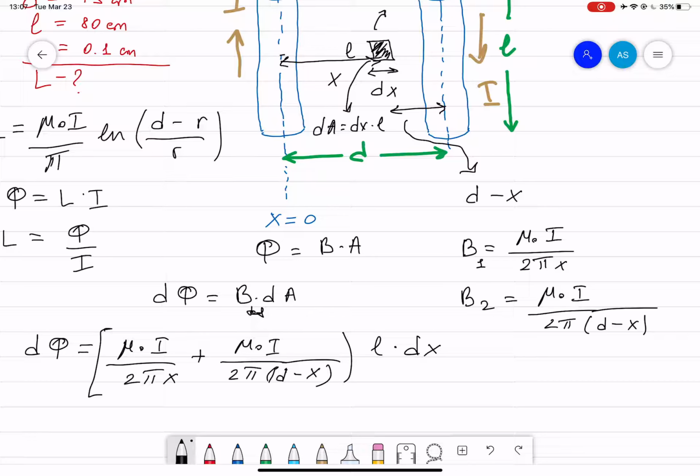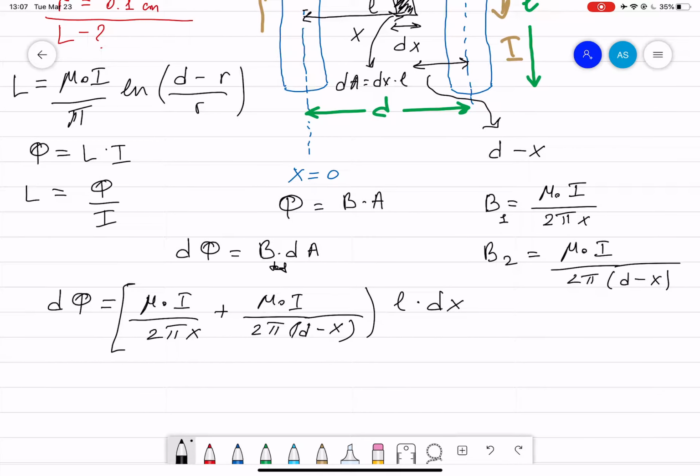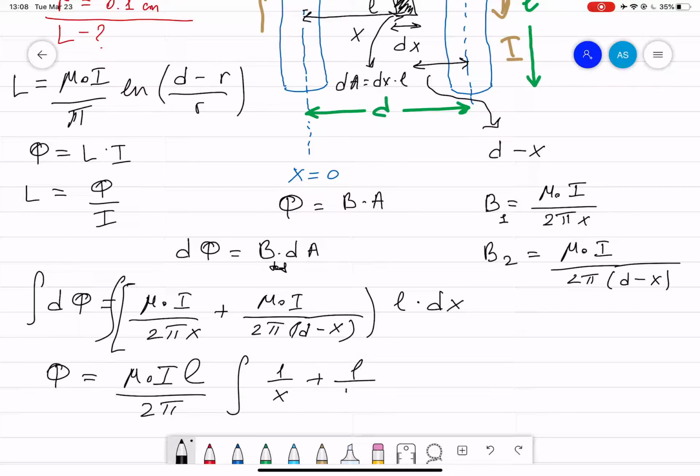Then if you want to find the total flux between these two wires, you just have to integrate both sides. When you integrate, you get the total flux. Let's take the constants outside of the integration: mu naught, current, and L are constant, divided by 2 pi. Then the integral of 1 over x plus 1 over (d minus x), dx. Now what are the limits?